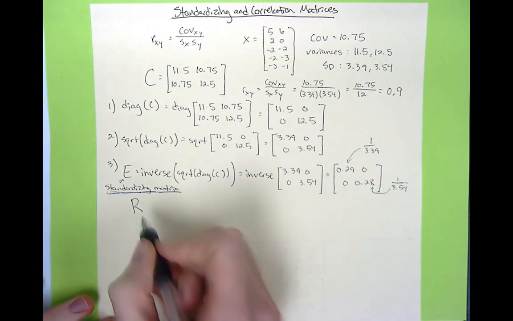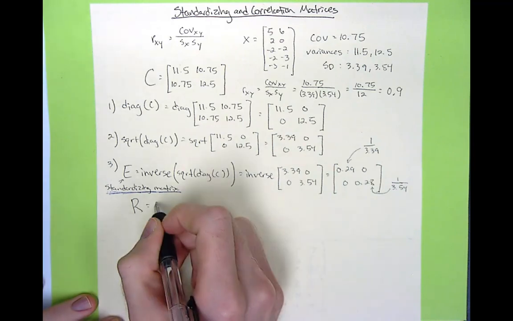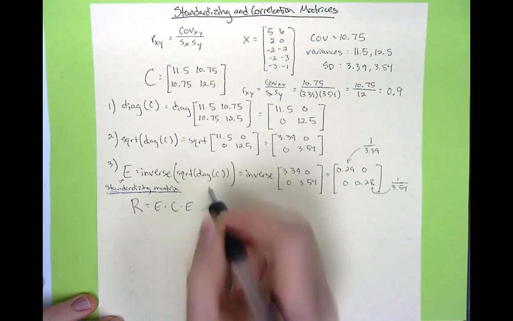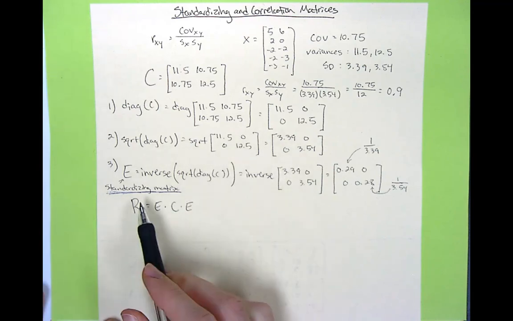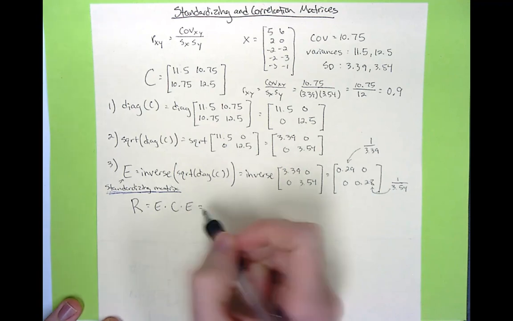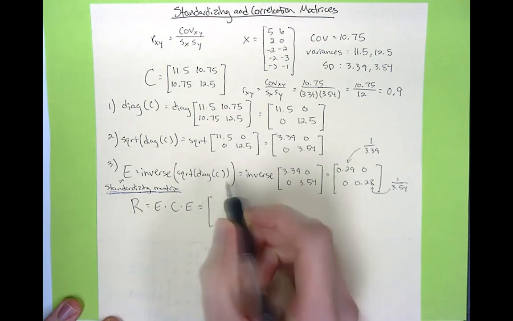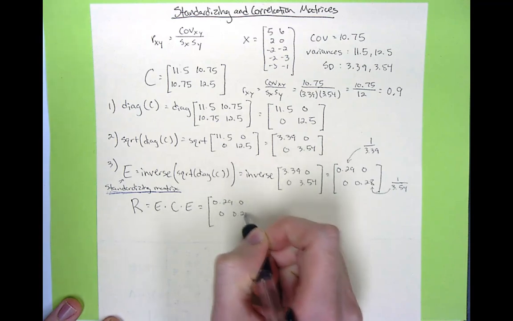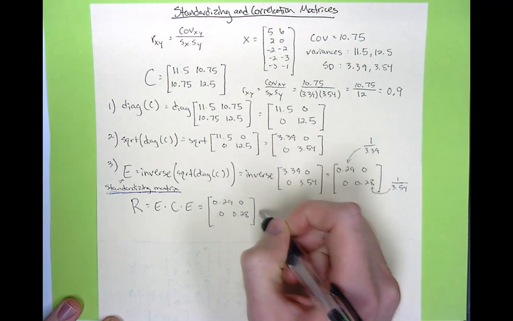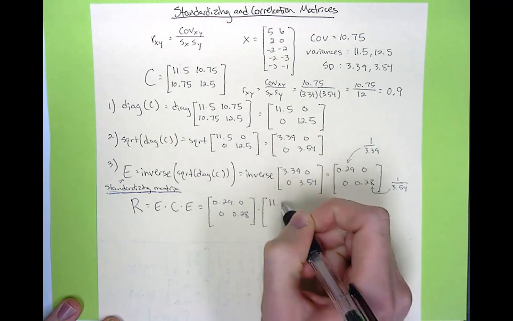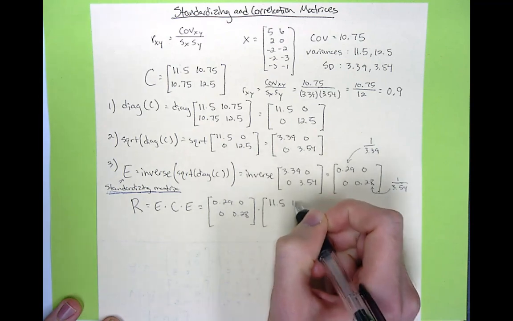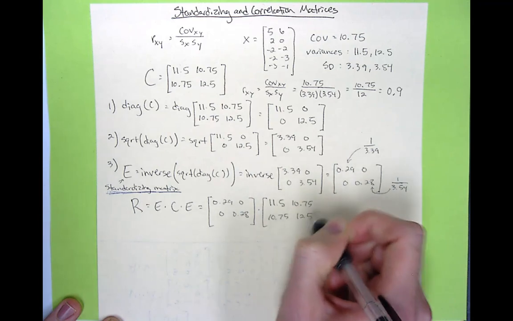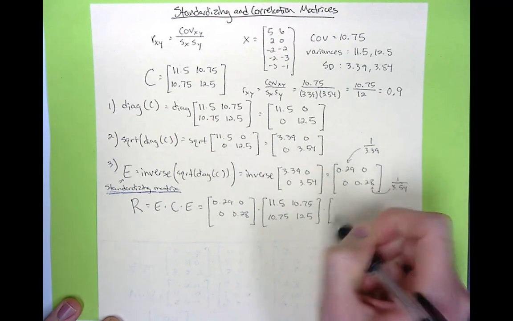Okay, so let's get the correlation matrix. Like I said, you pre-multiply and post-multiply the covariance matrix by the standardizing matrix. So what we'll get is matrix E times matrix C times matrix E again.